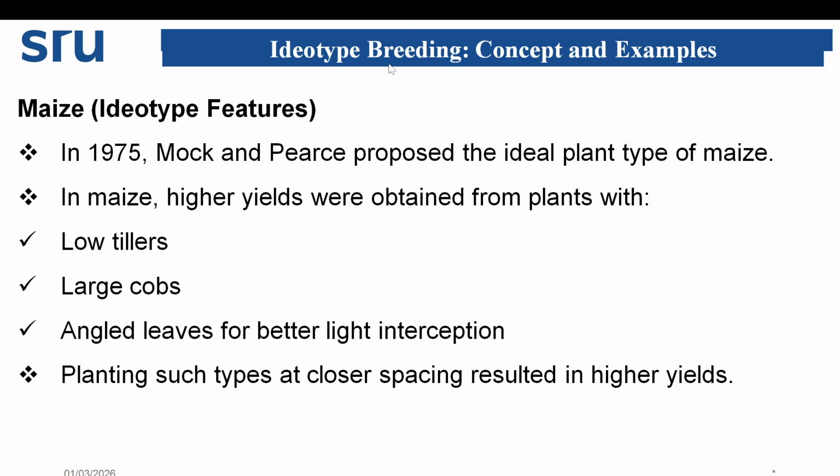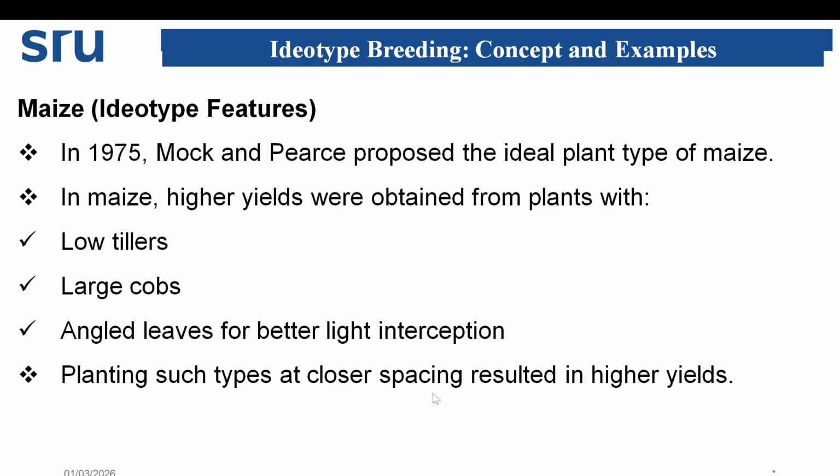Next, we'll see ideotype features of maize. In 1975, Mock and Pearce proposed the ideal plant type of maize. In maize, higher yields were obtained from plants with a low number of tillers, large size of cobs, and angled leaves for better light interception.